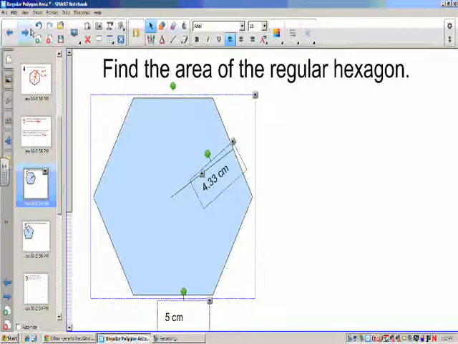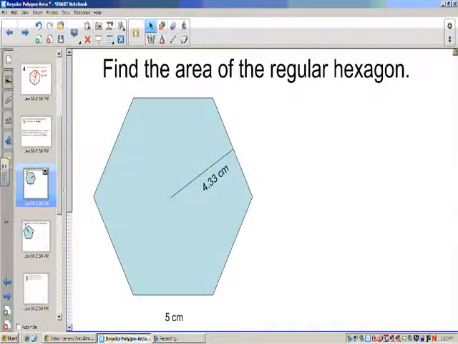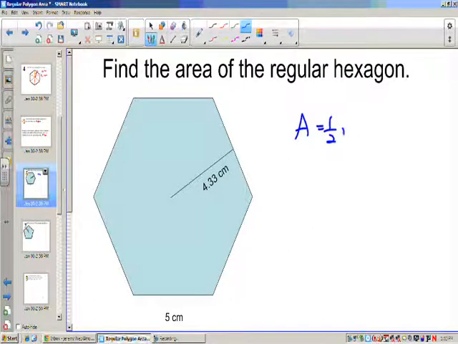All right, now let's do some problems. This first problem, let's find the area of this regular hexagon. Remember, I think the easiest formula to remember is just 1/2 the perimeter times the apothem. Well, one side is 5, and there are 6 sides, so the perimeter is going to be 30.